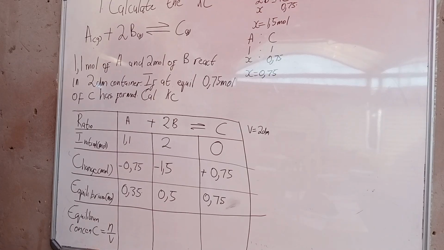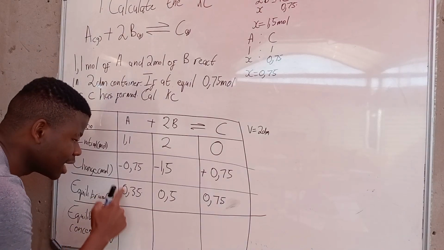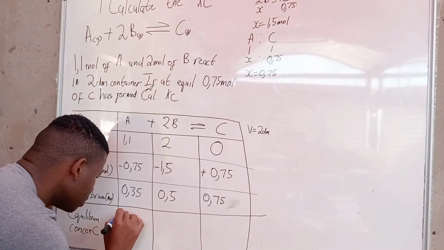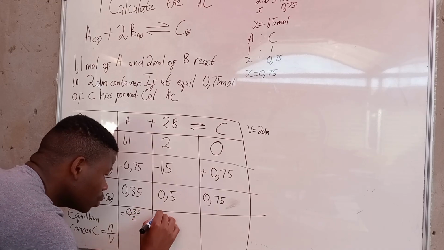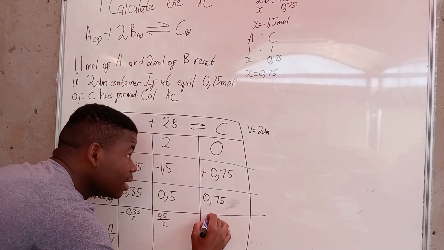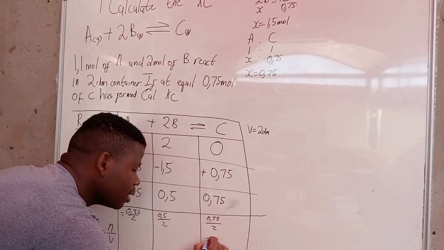So we're going to take this number of moles divided by this volume here. It's going to be 0.35 divided by 2, 0.5 divided by 2, and then 0.75 divided by 2.